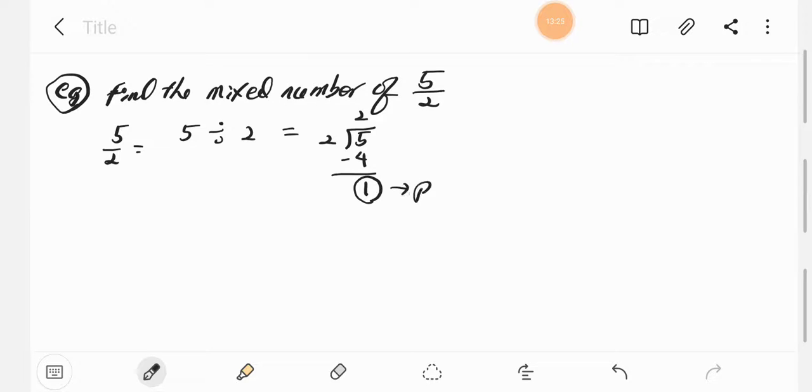So this is the remainder. Then you can write it like this. 2 is the quotient. So write the quotient and then write the remainder in the numerator of the fraction. And the denominator is 2, which stays the same.